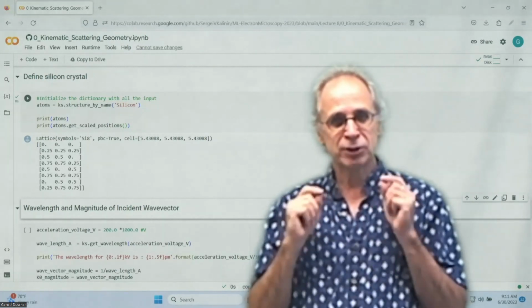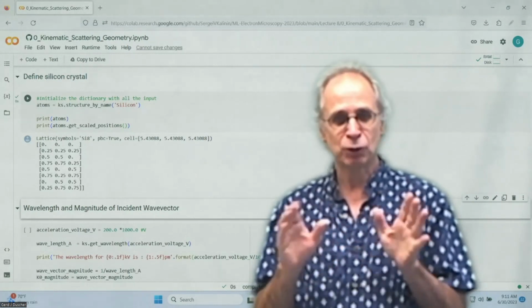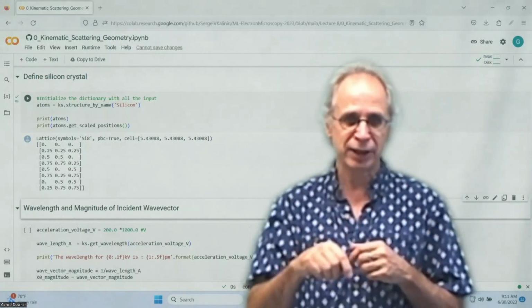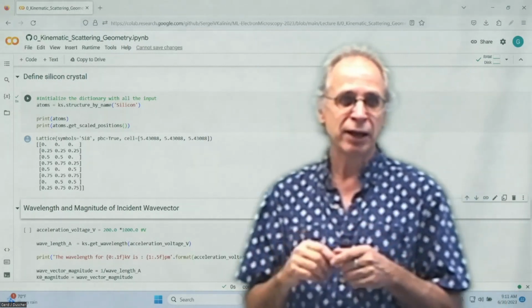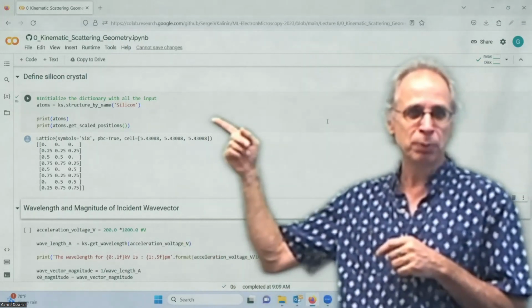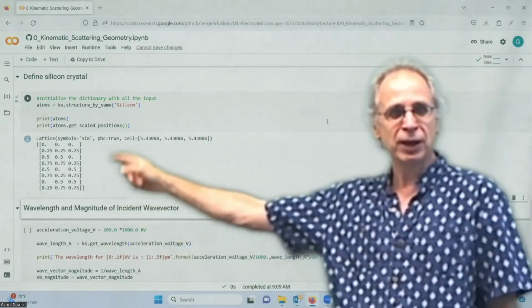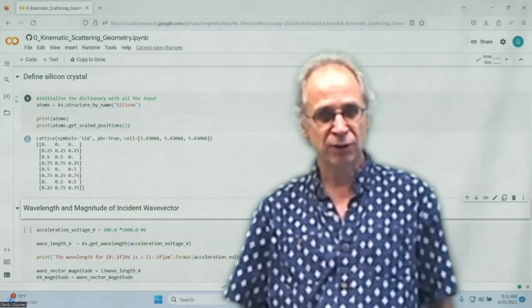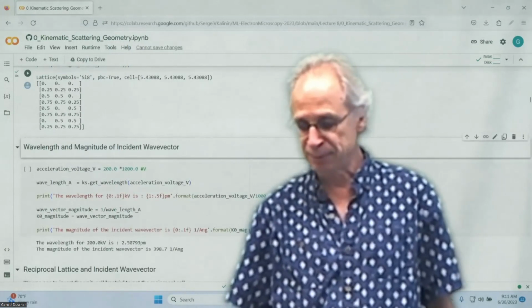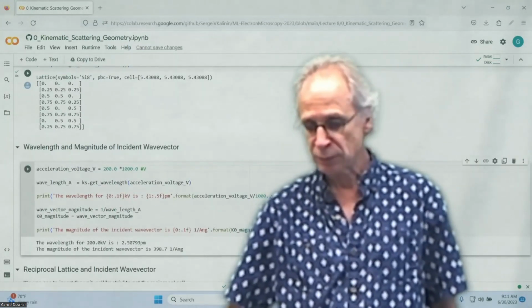And that is all the crystallography we need. Okay, a unit cell, and where are the atoms in this unit cell? In our case now, we have a cube. That is our unit cell, cubes in all directions, and we have 8 atoms within this cube. That's called the silicon or diamond structure.